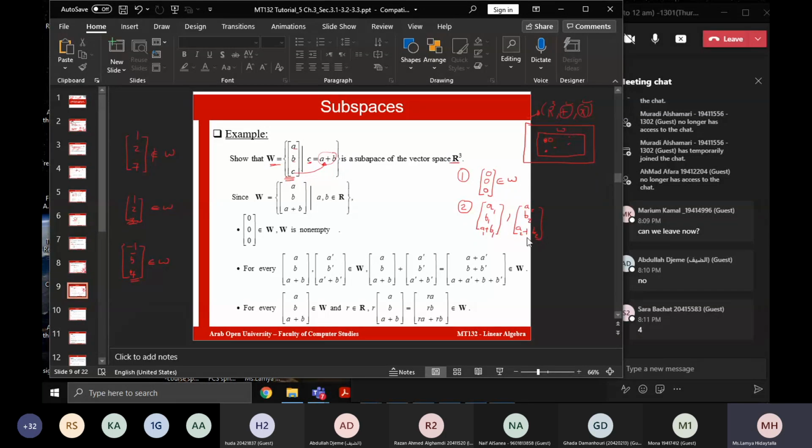These elements are from W. Now, what if we added them? The addition is going to be A1 plus A2, the standard way, B1 plus B2, and this one is going to be A1 plus B1 plus A2 plus B2.